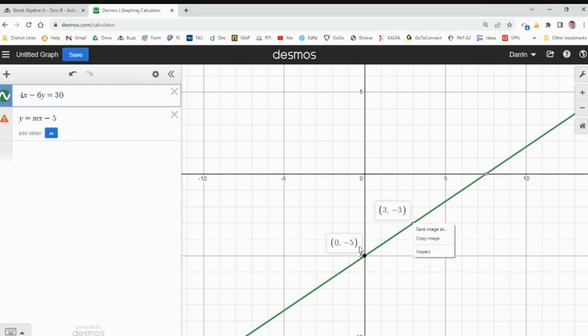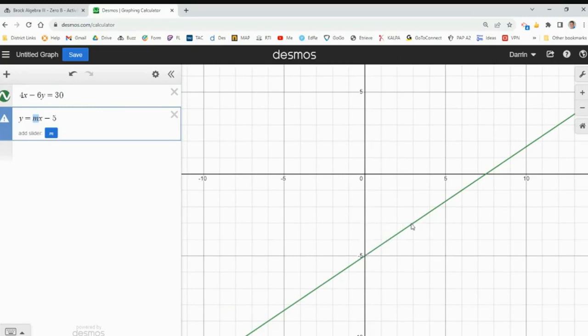3, -3. We can calculate the slope between those two, where we take the y minus the y and the x minus the x. So -3 minus -5 is 2. So 2 is on top of our fraction. 3 minus 0 is 3. So our slope is 2/3, which we can see, it goes up 2 and right 3.